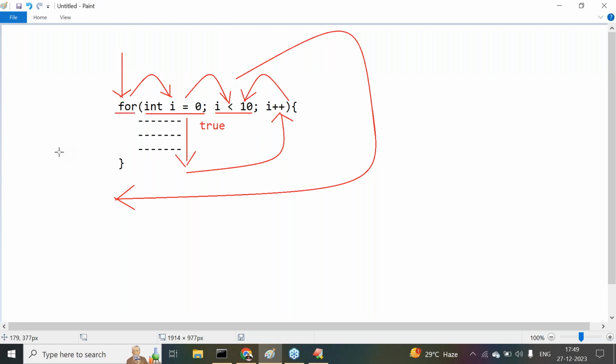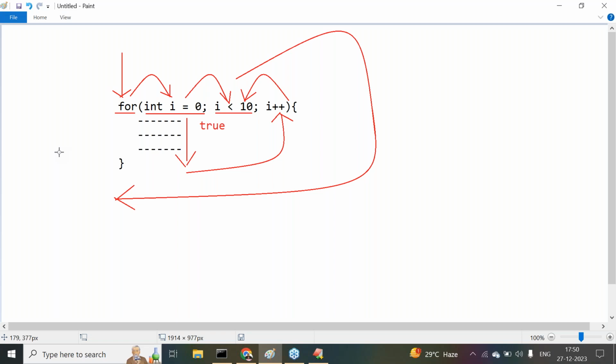It is for. For is a predefined word. That predefined word has the internal functionality of executing this for loop in this flow of execution. JVM will come to for and execute the internal functionality of that for.